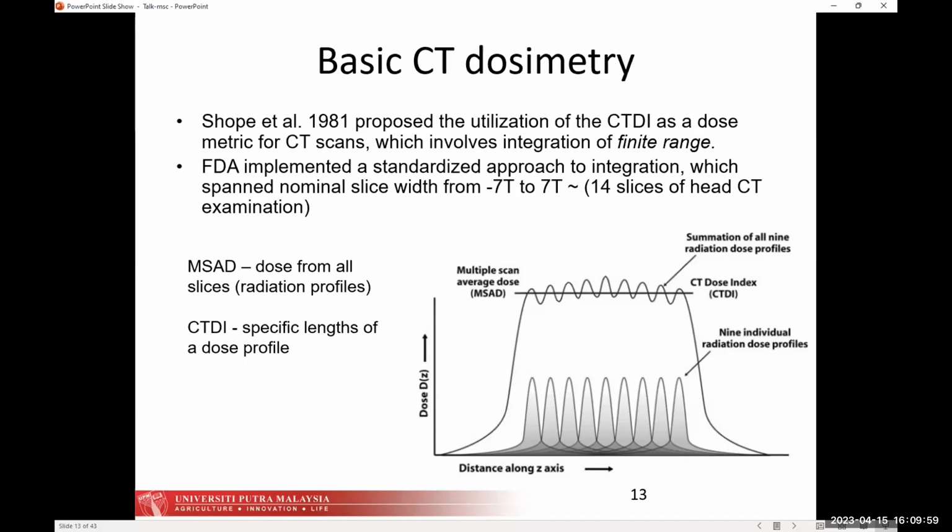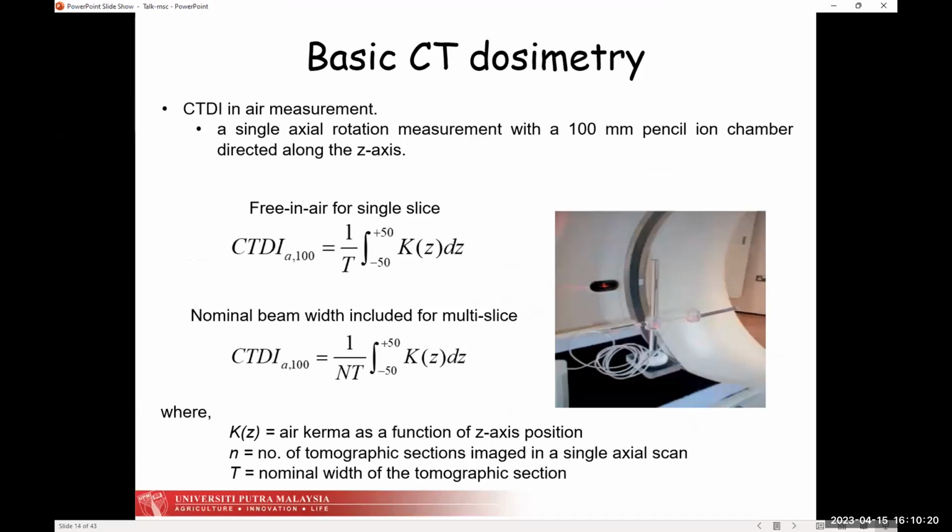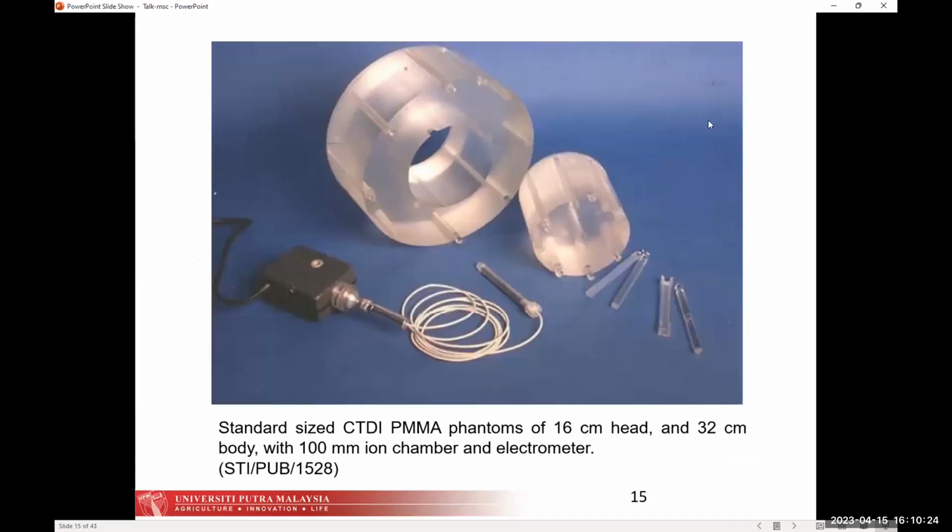The difference between MSAD and CTDI is the coverage of the radiation profile. The MSAD covers all radiation profiles, while CTDI focuses on a specific length of the profile, here the 100 millimeter ion chamber. The limit of the measurement is based on the 100 millimeter ion chamber.